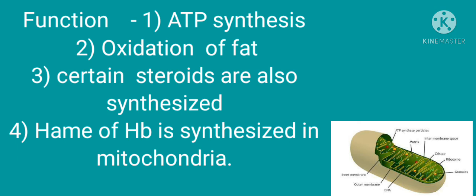Now see lastly the functions of mitochondria. The first function is ATP synthesis, so that's why it is known as the powerhouse of the cell. Second, the oxidation of fat takes place in the mitochondria. Third, certain steroids are also synthesized in the mitochondria, and the heme of hemoglobin is synthesized in mitochondria.